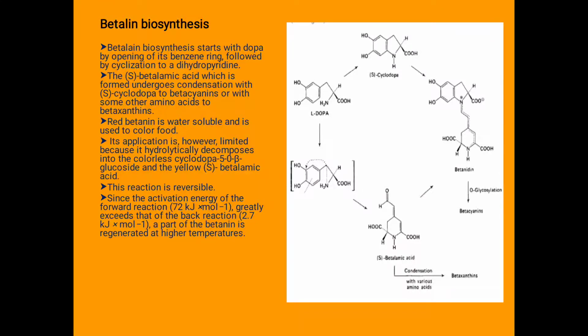The betalamic acid which is formed undergoes condensation with cyclo-DOPA to give betacyanins, or with some other amino acid to give betaxanthins. Red betalain is water soluble and is used to color food. Its application is however limited because it hydrolytically decomposes into colorless cyclo-DOPA. The reaction is reversible.